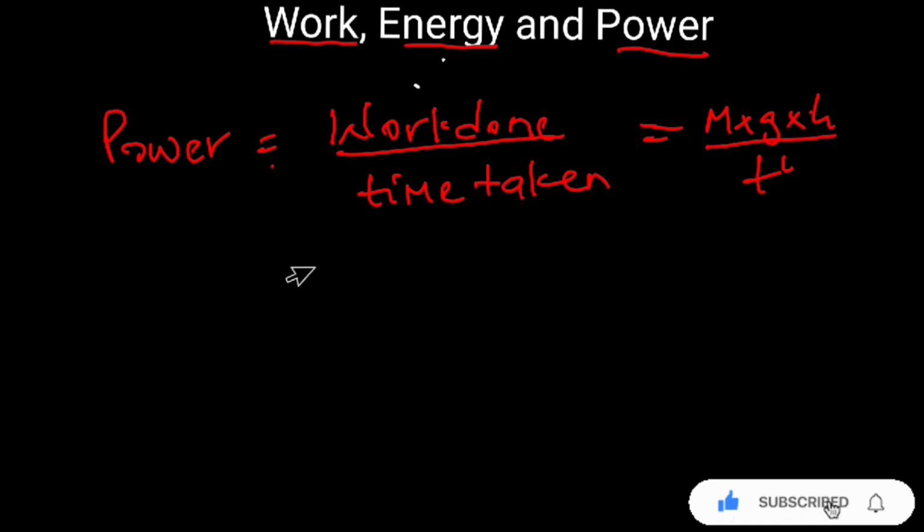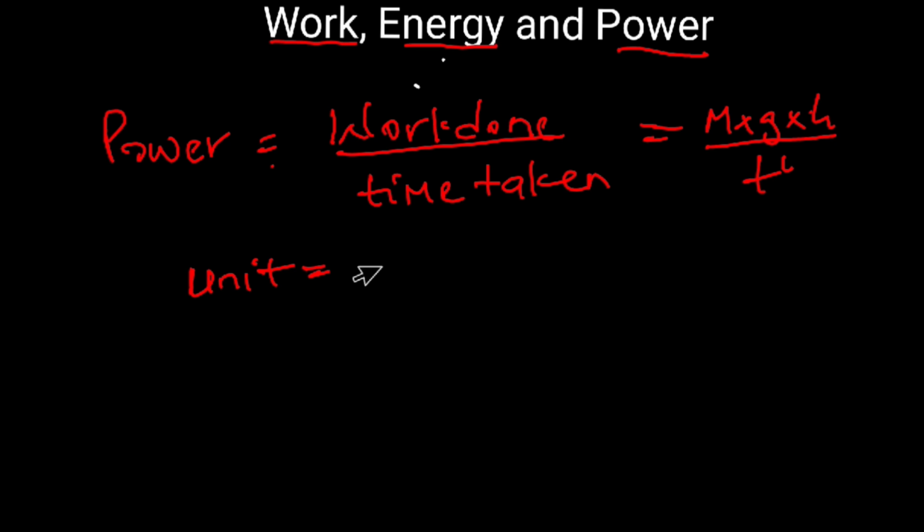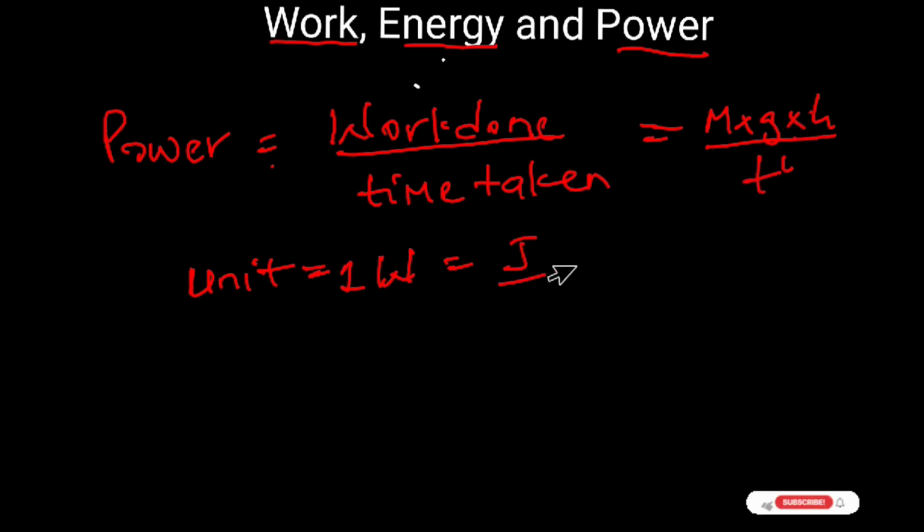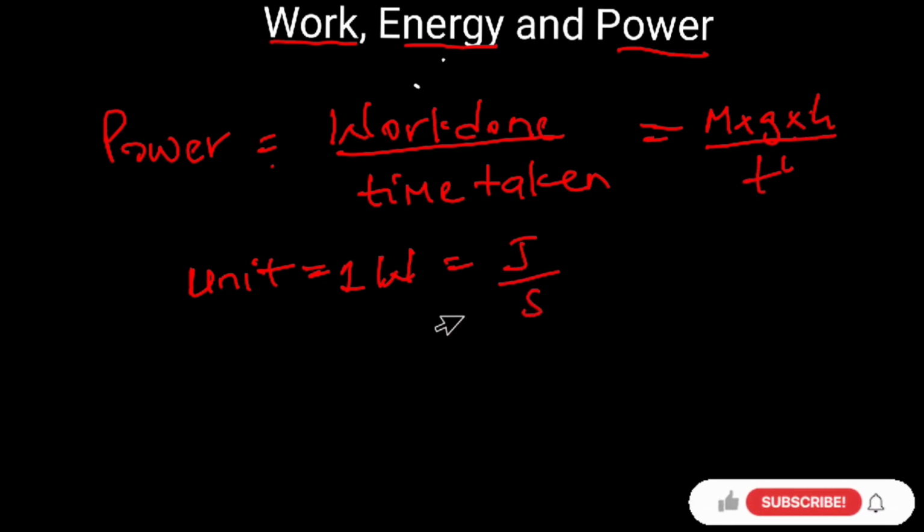That is power. And so the unit of this power is watt. Now you remember this formula is work done over time taken. So it means that 1 watt is equal to 1 joule, since work done is in joules, over time taken, the unit of which is seconds. So it means that 1 watt is equal to joules per second.